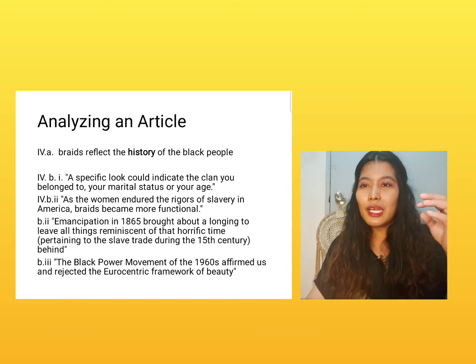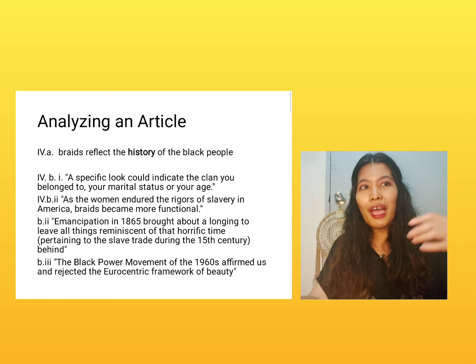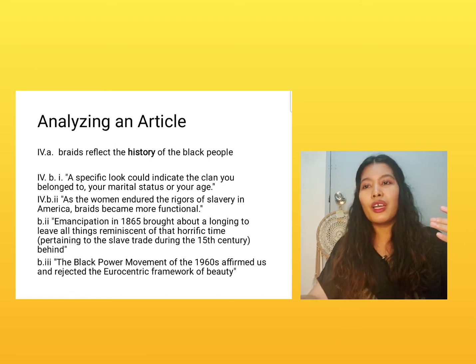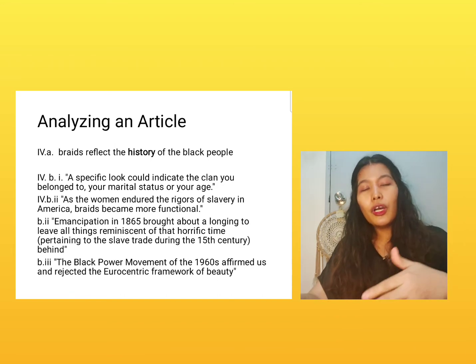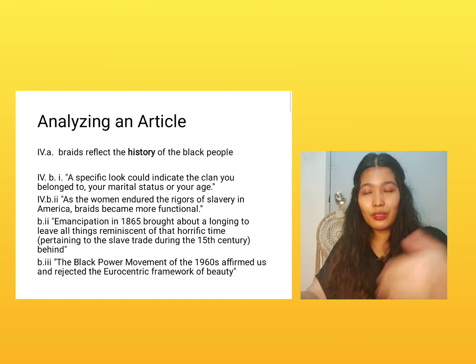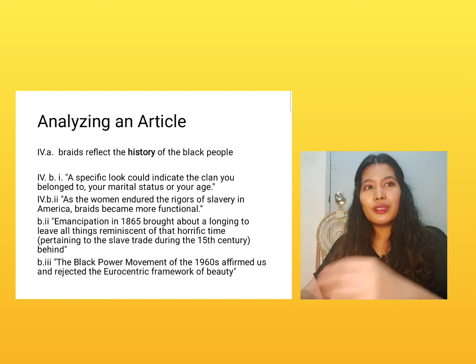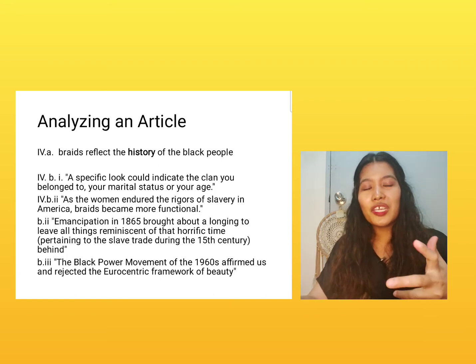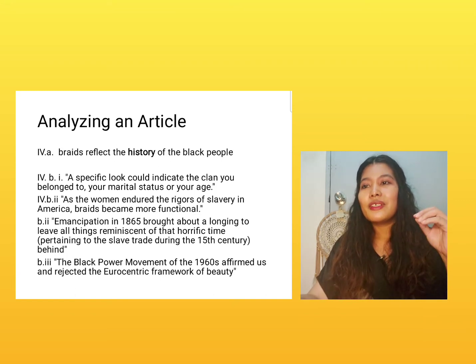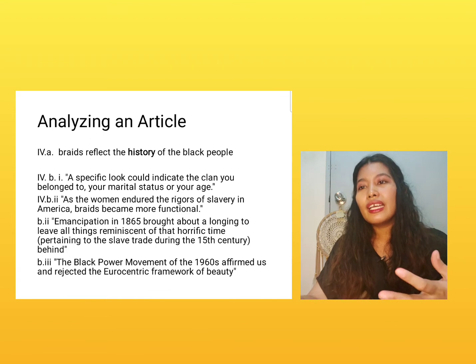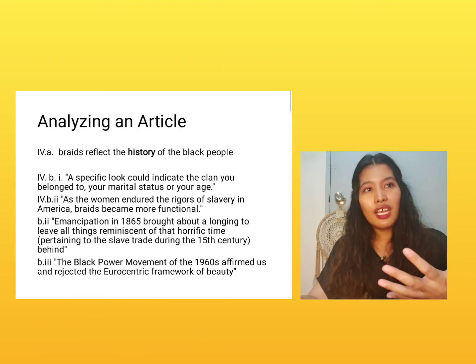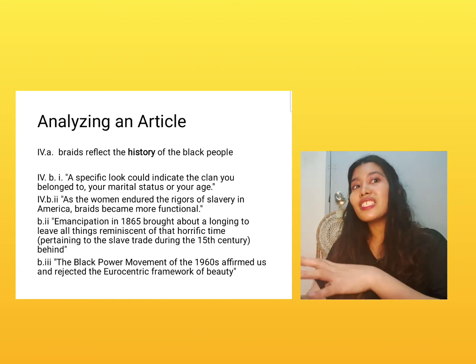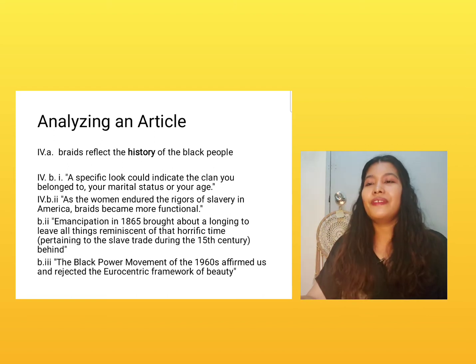It's something that matriarchs pass to their daughters, and their daughters pass on to their daughters. So there's a prestige and respect associated with braids. It used to indicate a person's specific social status within the clan.